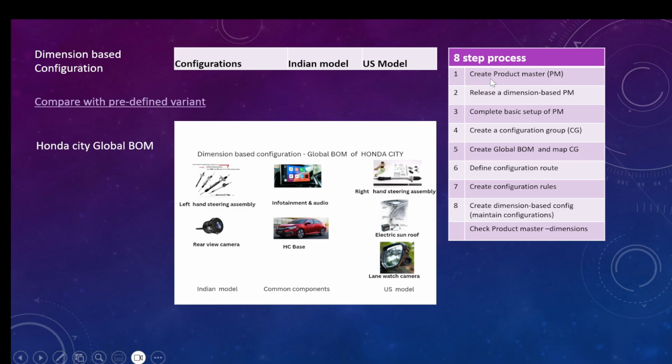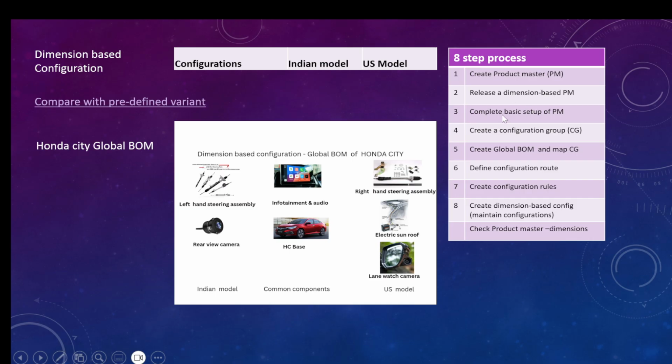The first step is we have to create a product master, and then we have to release a dimension-based product master. So when I say dimension-based in my create product master, I should assign a configuration technology called dimension-based configuration technology. Once I release it, it is available to be used in my legal entity. That's the release process as we discussed in my earlier session.